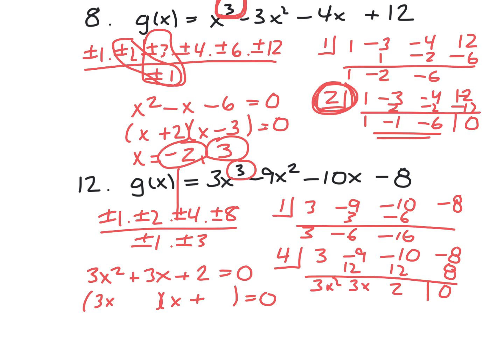Both signs would have to be positive. 1 and 2 would be your only possibilities. And I think whichever way you try this, it isn't going to work. And so therefore, these are irrational, or could be imaginary zeros. We could use the quadratic formula for this, but for this particular problem, the +4 would be your only rational zero.